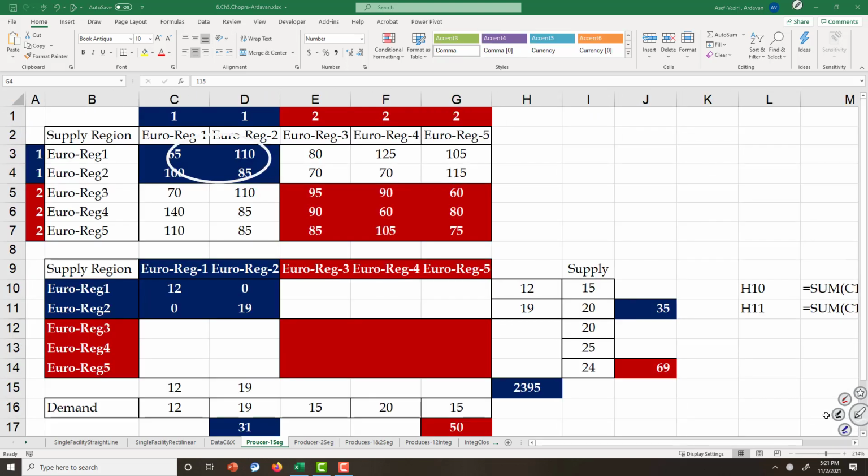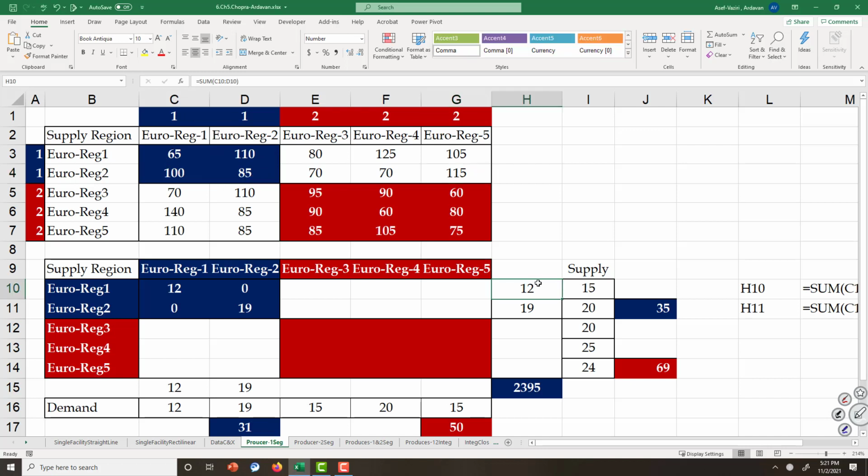Two manufacturing plants and two distribution centers, two origins and two destinations, CIJ, XIJ. Cost table, this is cost table, and this is decision table.